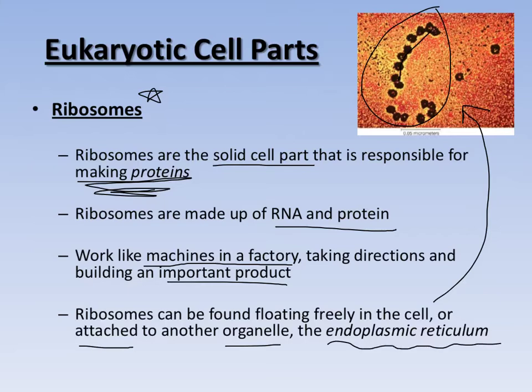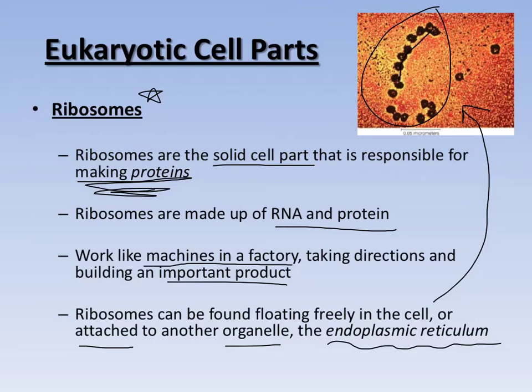So ribosomes in our city are some kind of factory or machine that makes a product. So whatever our product is, let's say in our city that we are producing One Direction t-shirts, okay? And it can be any direction you want, north, south, east, or west. Get it?